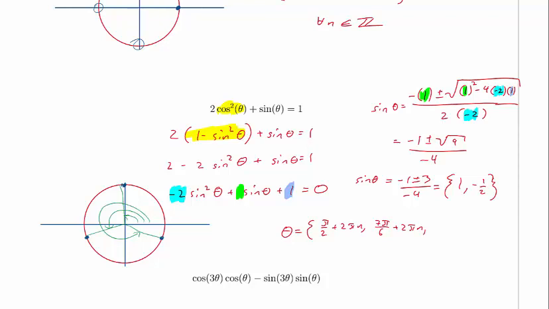And then we have our last value here, which is 11 pi over 6. And then again we add plus 2 pi n. Alright. And again, this is for all the n that belongs to the integers.